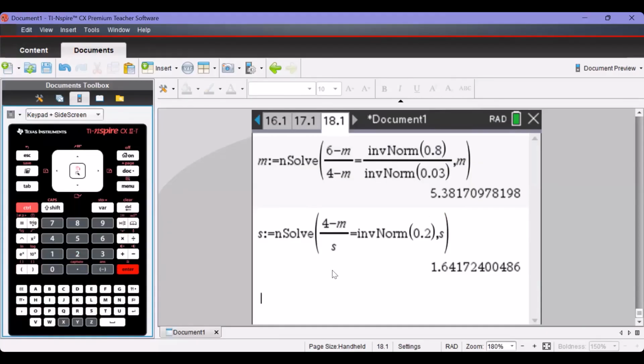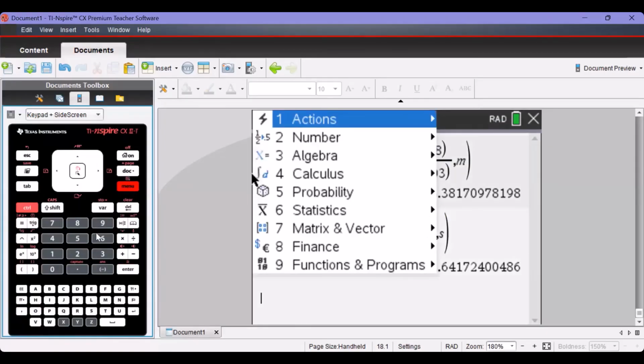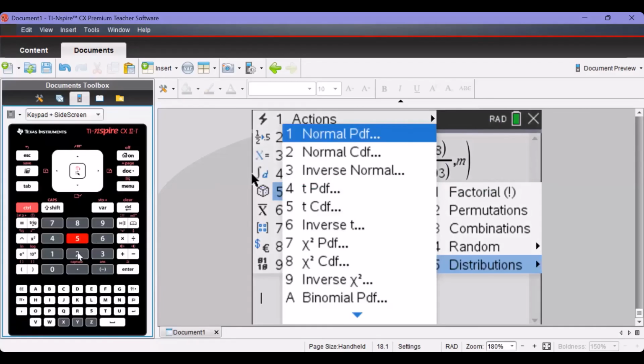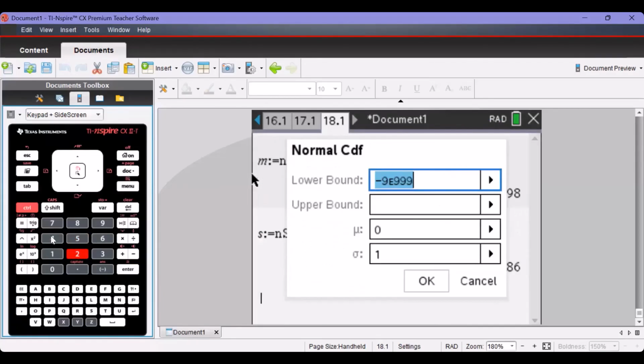1.64, etc. Now we're asked to find the probability that random variable a capital X lies between 4 and 6. So what we do now is we press menu, 5 for probability, 5 for distributions, 2 for normal CDF. Our lower bound is 4, upper bound is 6. Press tab. Our mean is m, press tab.